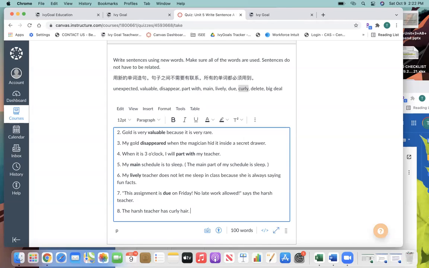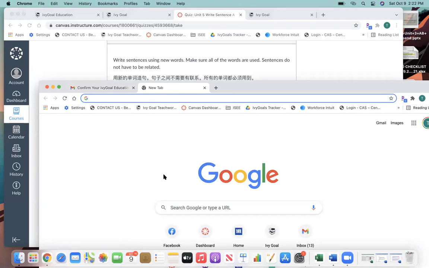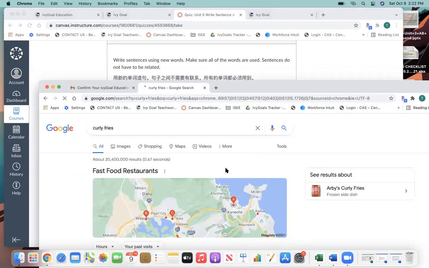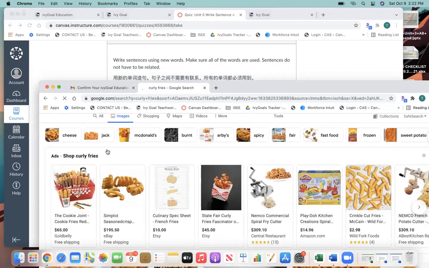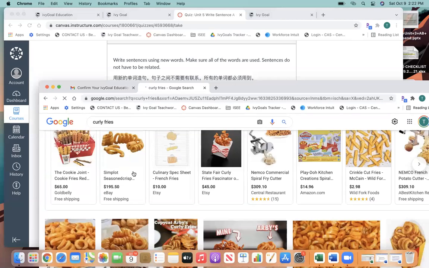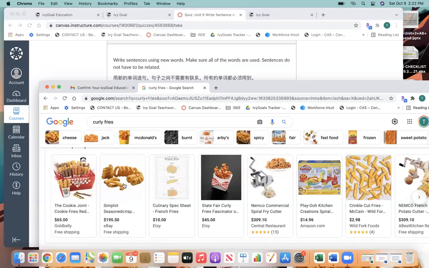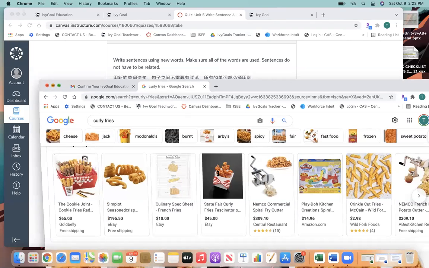I don't know. Can you see what's curly? Curly fries. So you can see the pig's tail is curly. It looks like a pig's tail. Yeah, a pig's tail can be curly. Very good.